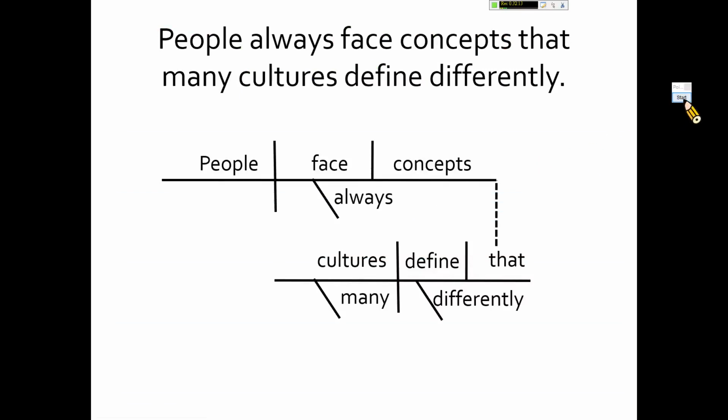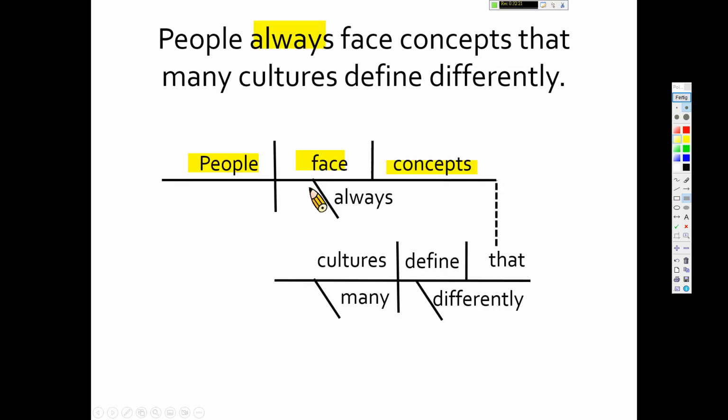Okay, the drawing indicates here: people, face, concept. And remember, always is used to modify face. This is an adverb, right? And that is equal to concept. So we have a dotted line connected with concept, and the position for that is the object.